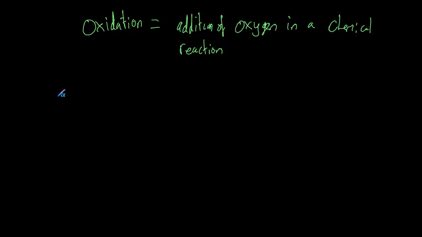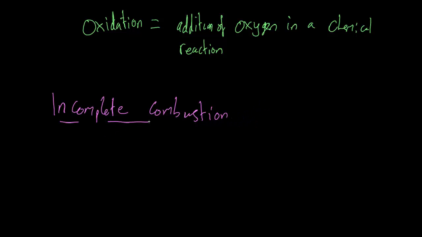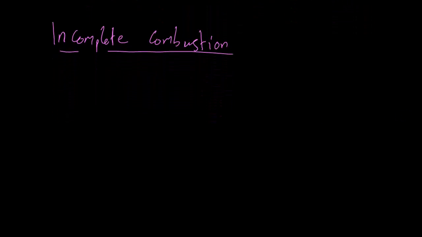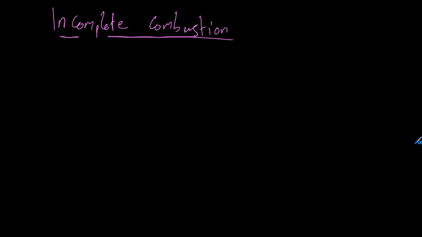Right, so what I'm going to move on to now is incomplete combustion. I mentioned this earlier, and we will get slightly different products. And that also means that our balancing of our equations is going to look slightly different. So, incomplete combustion. In a question, it will tell you what your product of incomplete combustion is going to be.